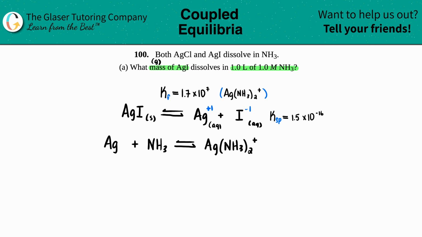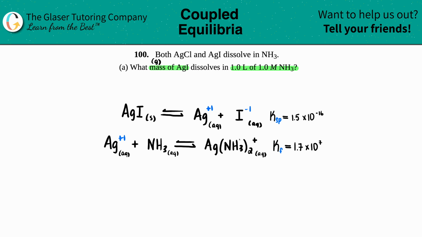Now, we said that Ag was a +1 and ammonia, NH3, is neutral. For formation constants, all of these are aqueous, even ammonia, which is not charged. We're not talking about the gaseous ammonia here. And this is aqueous as well. Let's bring down that Kf value.